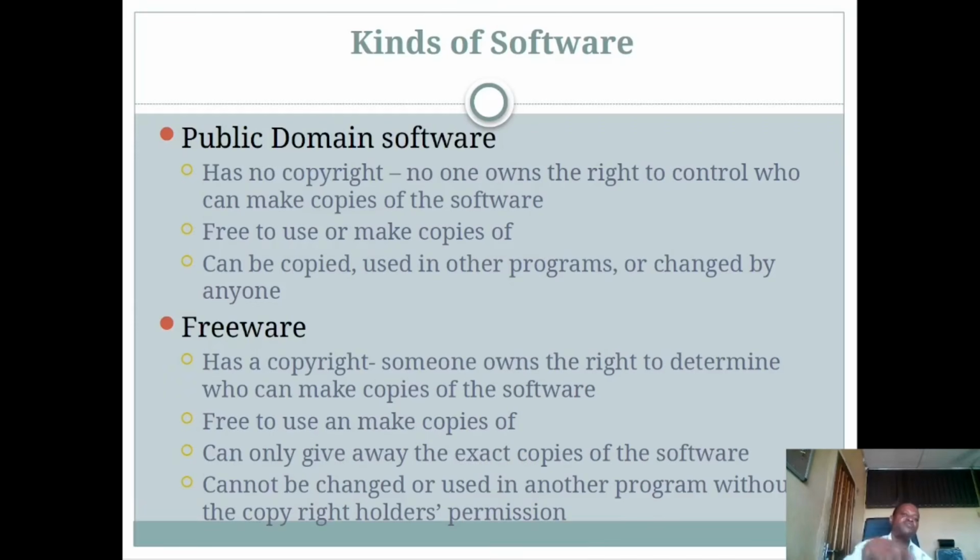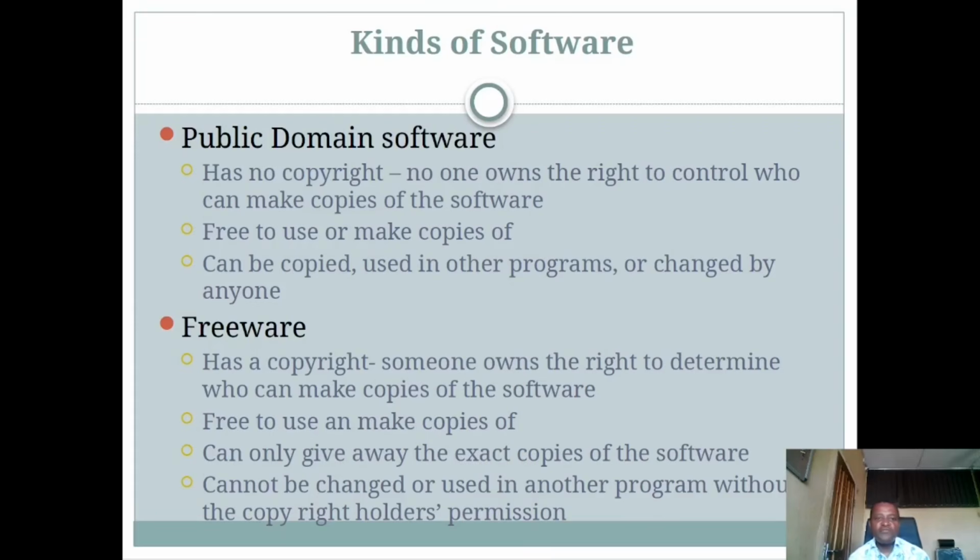You can even extract part of that code and put it in a program you're writing to perform a particular function that you desire. So public domain software can be copied, used in other programs or changed by anyone.